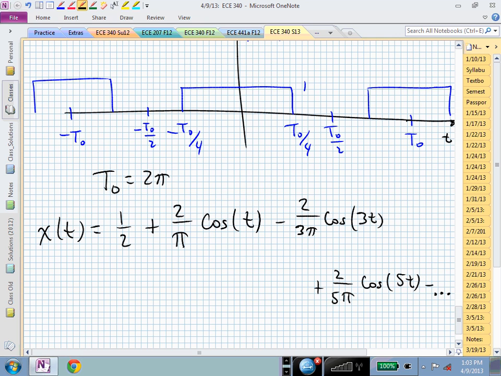We have 2 over the odd values of n times pi. So we're skipping the even harmonics. If I said, what's the power in the second harmonic of x of t?